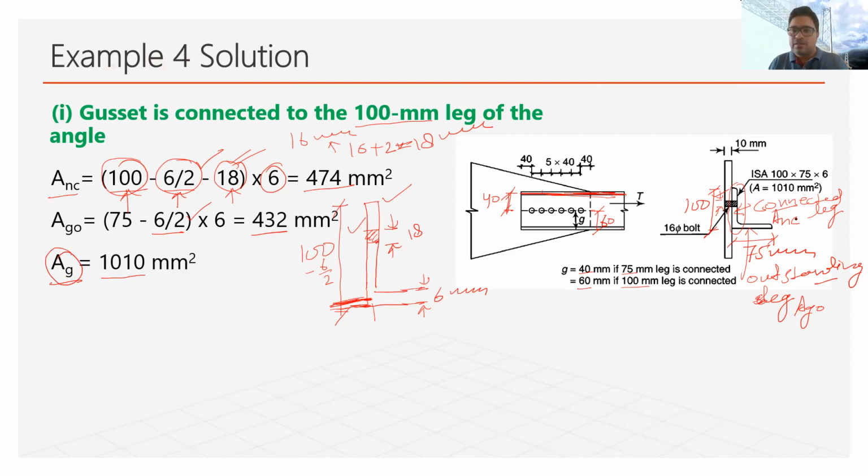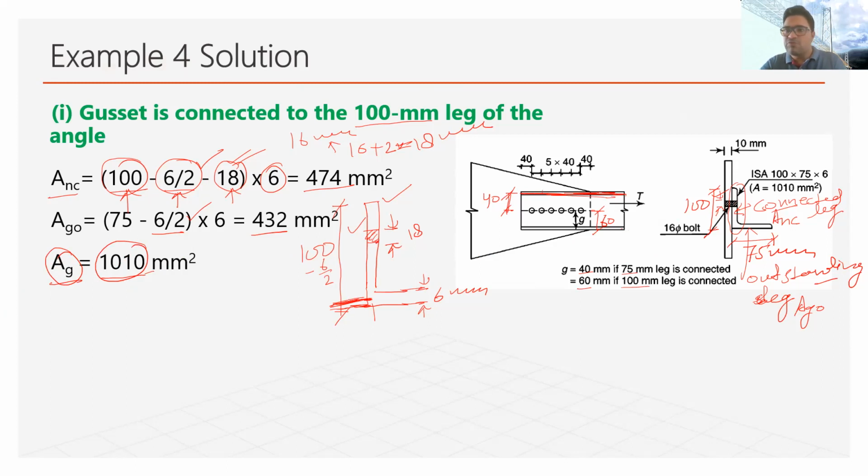If there is no hole in the angle section, then what will be the gross cross-sectional area of the whole angle section? That area we can find out using the IS code or the steel table. So all three values we have found now.